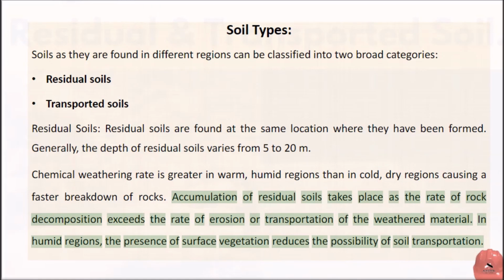Accumulation of residual soils takes place as the rate of rock decomposition exceeds the rate of erosion or transportation of the weathered material. In humid regions, the presence of surface vegetation reduces the possibility of soil transportation.